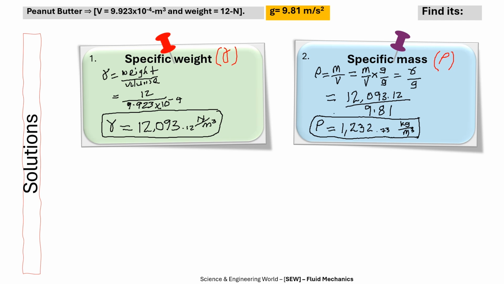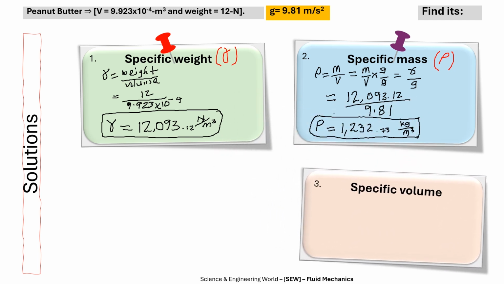The third one we have to find is specific volume, and specific volume in that video we put as a small v. So we said that small v, that specific volume, is equal to inverse of density, 1 over density, which is the same thing as density to power minus 1, rho to power minus 1.